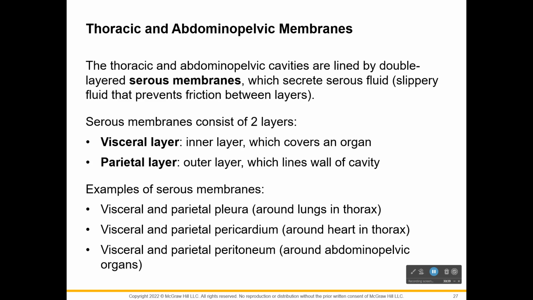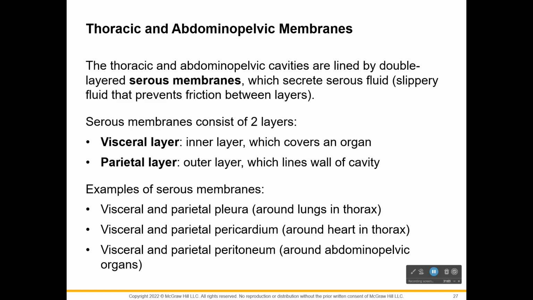And the membranes actually secrete what's called serous fluid between the two pages of your paper, between the two layers, and we call that serous fluid. Now, the two layers are found associated with the heart and your intestines and your lungs.